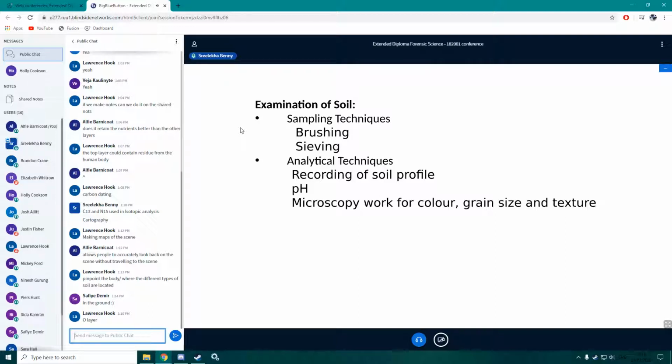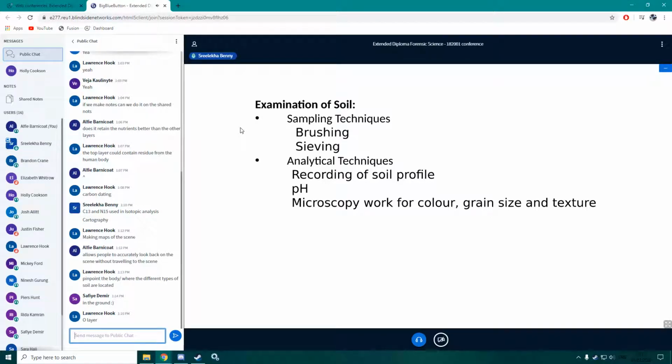Normally, you will find the soil in the clothes, sometimes on the footwear, sometimes in the vehicles or in the graves. You also have to look at the state of the soil. Sometimes you will find dry soil or wet soil.